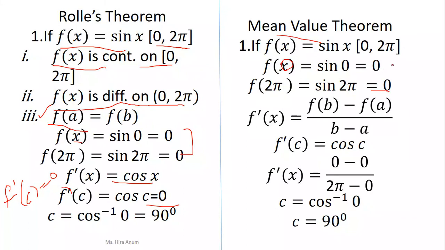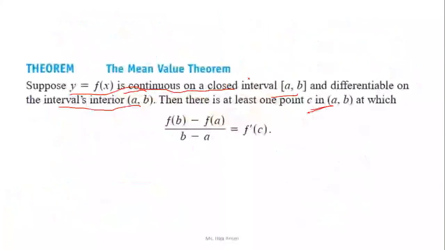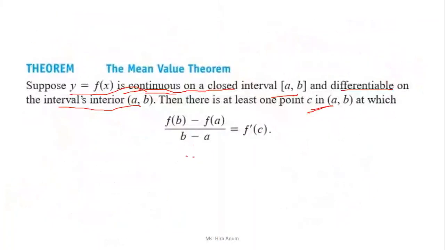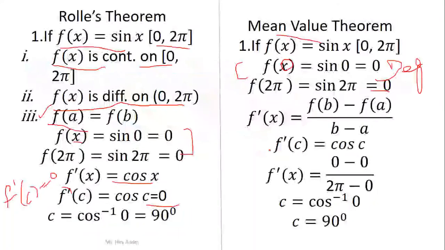You can calculate from a calculator, which should be in degree mode. You can see it is continuous and differentiable on the interval. So you can put this formula, f prime of c equals f of b minus f of a over b minus a.